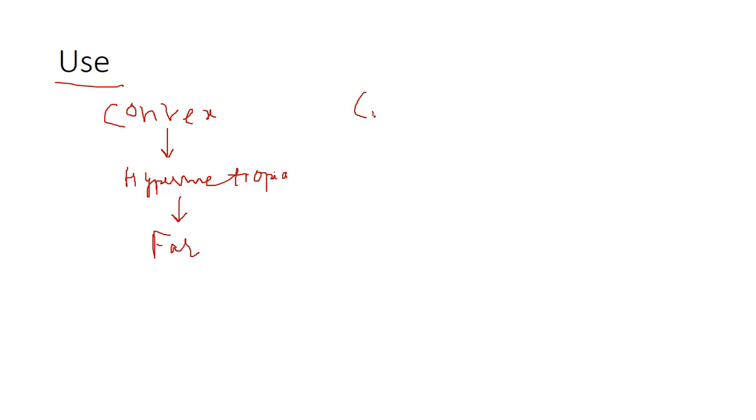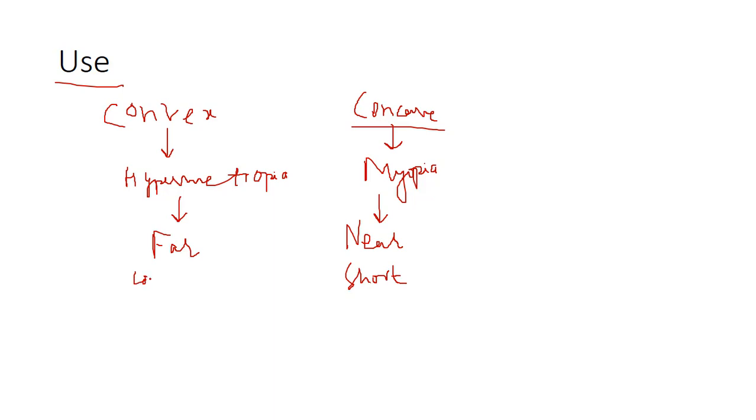And a concave lens is used to correct myopia, also known as nearsightedness or short-sightedness. And hypermetropia is known as long-sightedness. So these are basic differences between a convex and a concave lens.